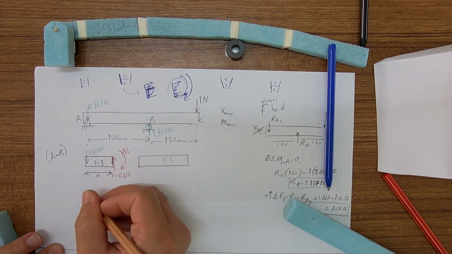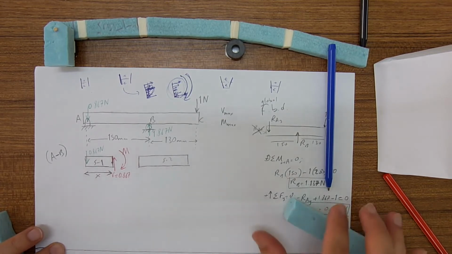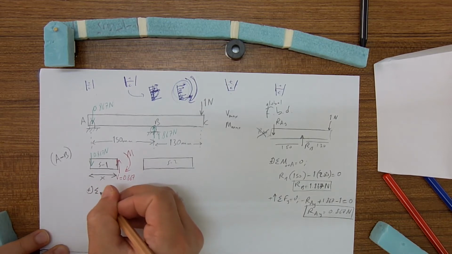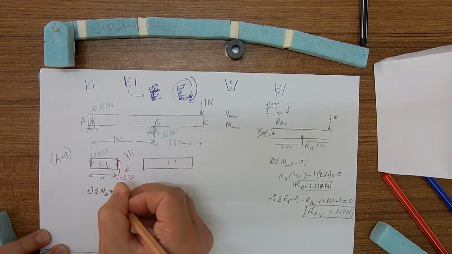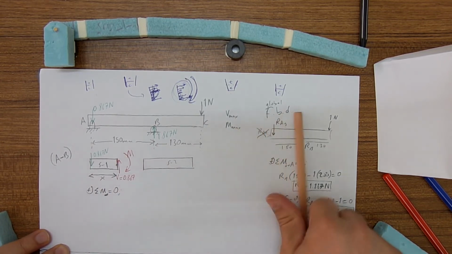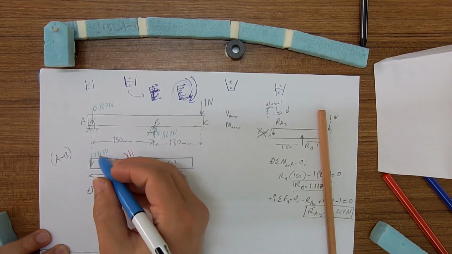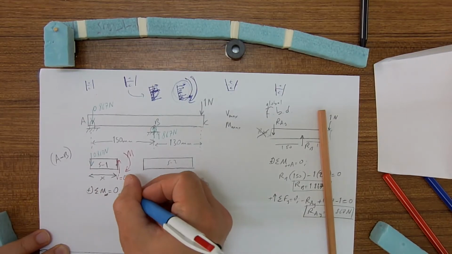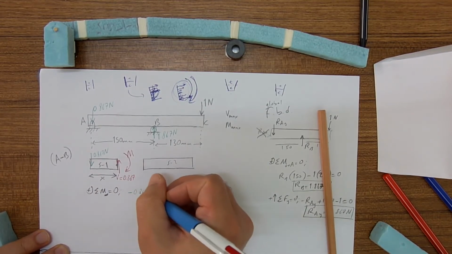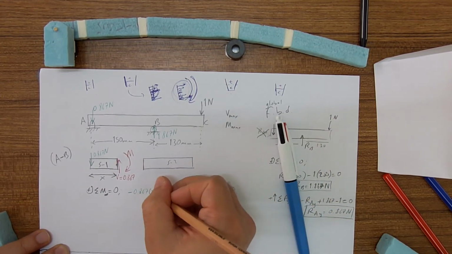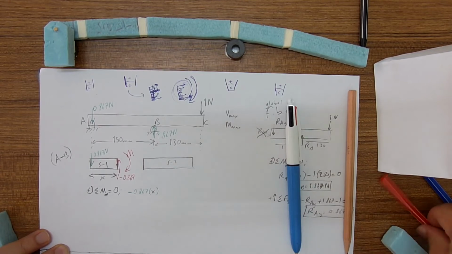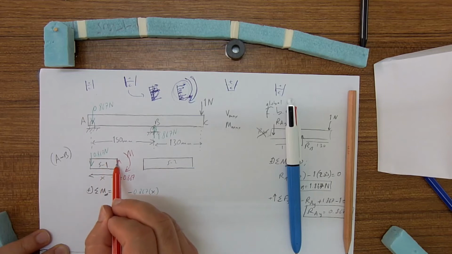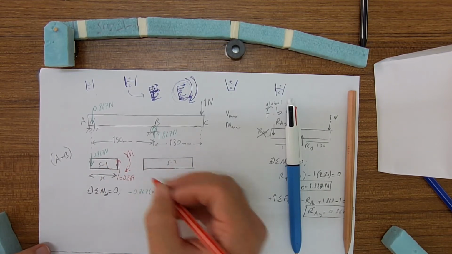We take moment about this point. 0.867, it is in negative direction, and the force arm is X. V has no effect on the rotation of the segment about this point, and we need to calculate M. We need to put M here.